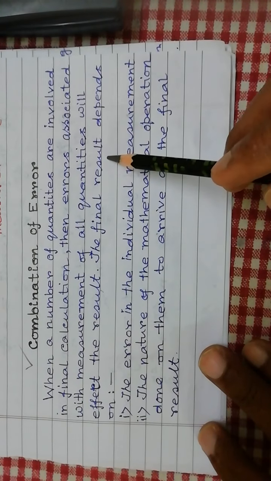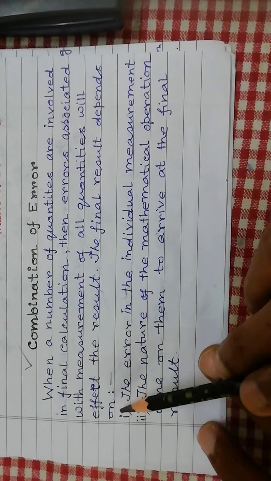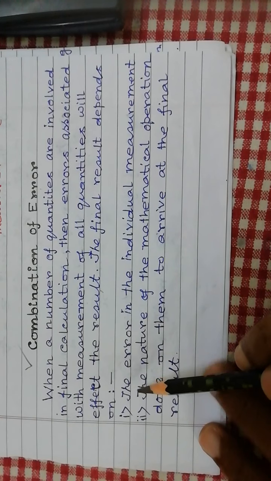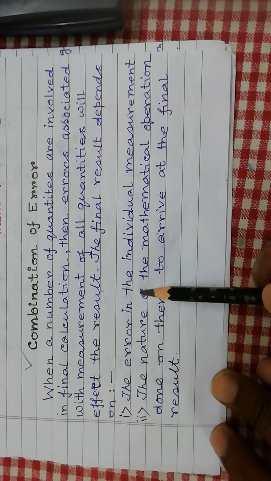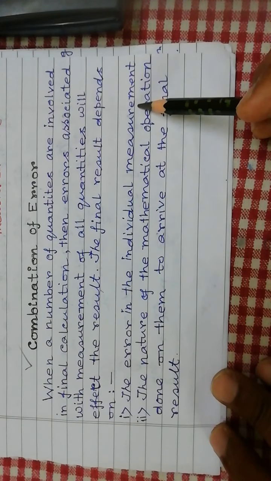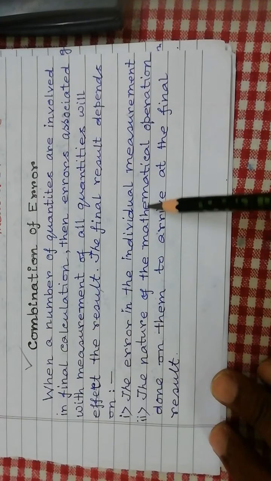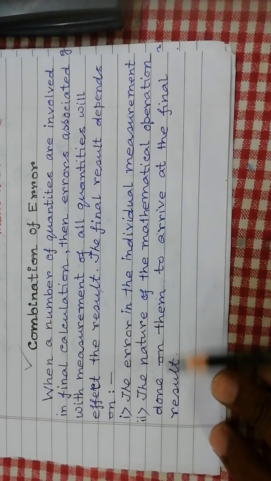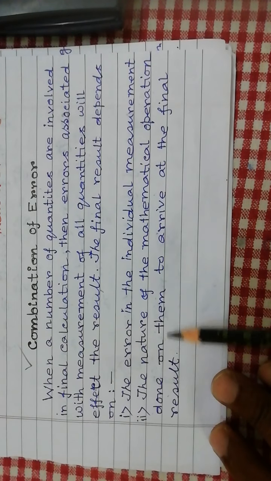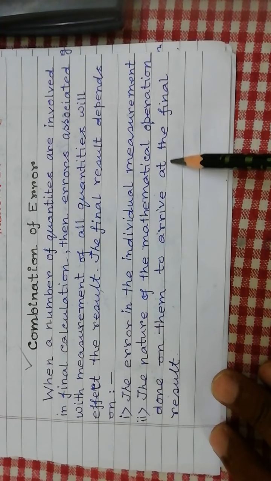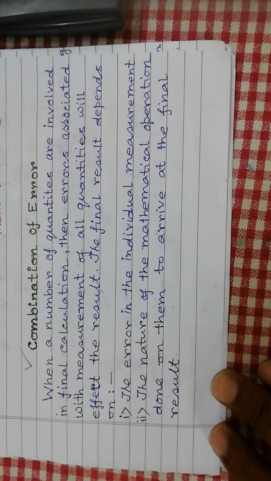The final result depends on, number one, the error in the individual measurement, number two, the nature of mathematical operations done on them to arrive at the final result.